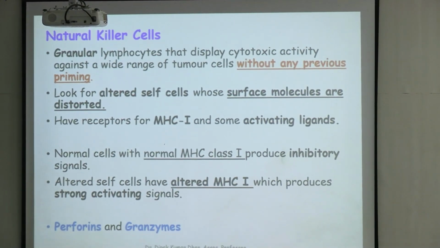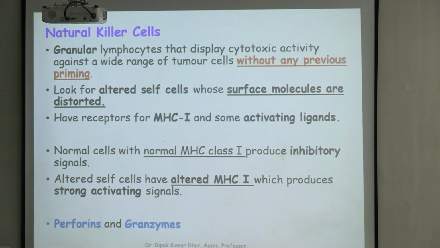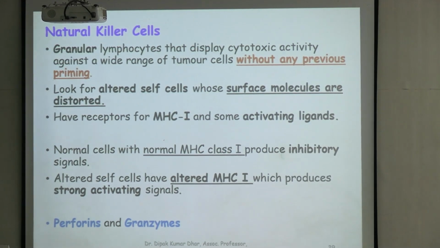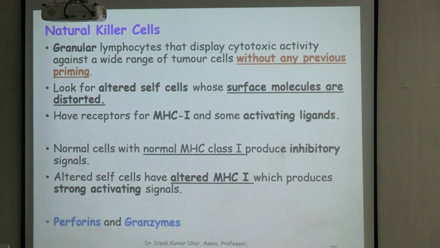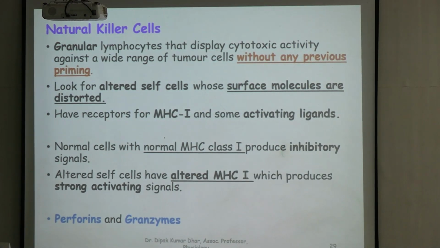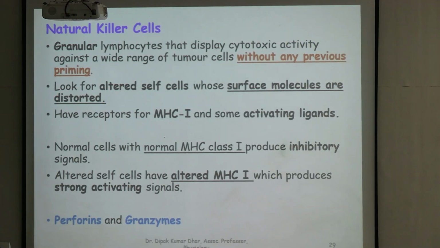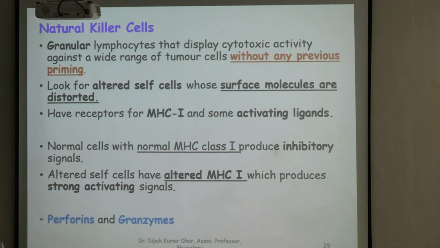This is very important. If the cells are normal, the cell membranes are normal, and no extra protein or antigen is expressed on the membrane, it will not react. But the moment the surface molecules of the self cells are disturbed, they become active. Why? Because natural killer cells, NK cells in short form, have receptors for MHC1. You remember MHCs?